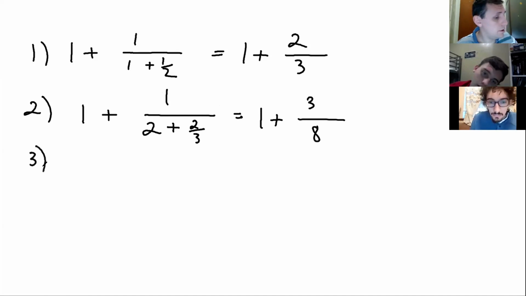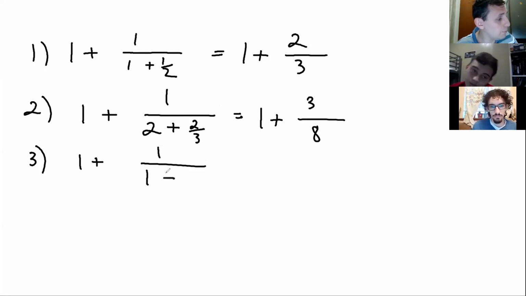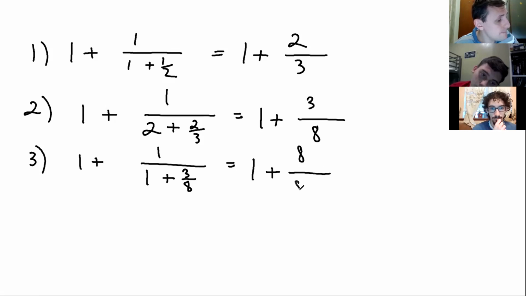Then 3 over 8. 1 plus 1 over 1 plus 3/8 will be 1 plus 8 divided by 8 plus 3, which is 1 plus 8 over 11.